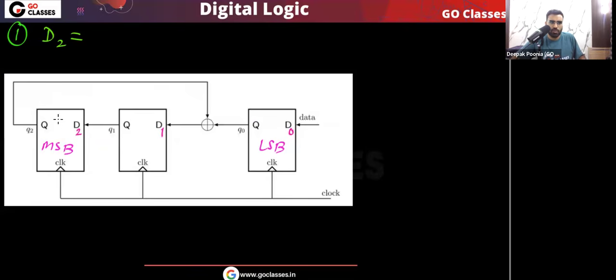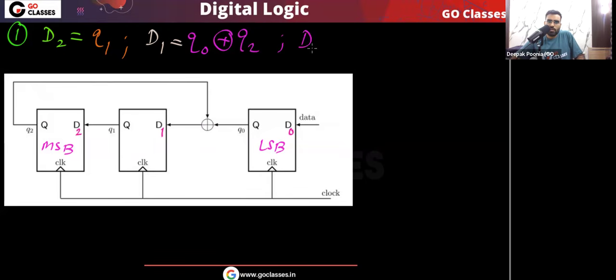Now let's see. What is D2? D2 is the same as Q1. D2 is Q1, very easy. What is D1? D1 is actually the XOR of Q2 and Q0. You can see that D1 is Q0 XOR Q2.